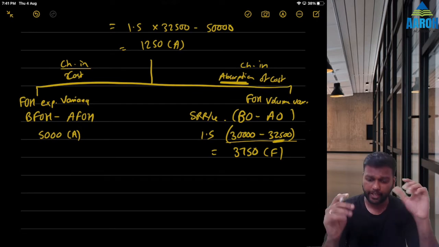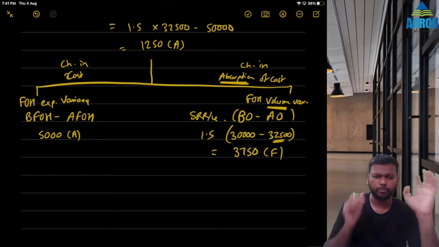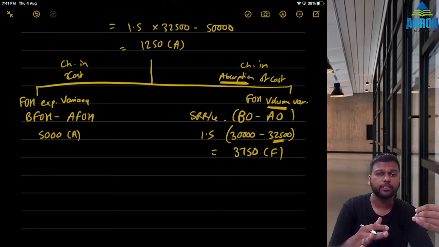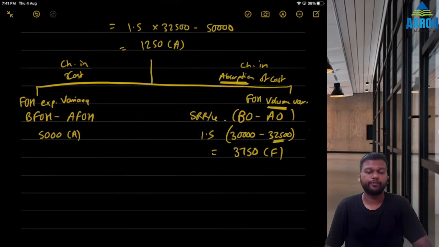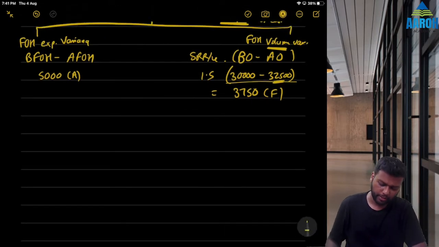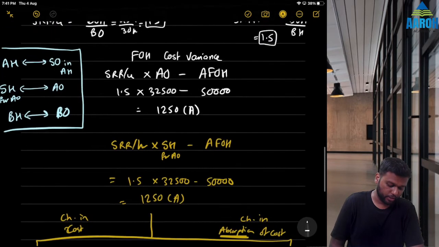So volume variance is opposite to all the cost variances, because volume variance is about output, cost variances are about expenses. More output is good, more expenses are bad, right? We can use another formula for this also. SRR per hour into budgeted output will become budgeted hours. Like I said, budgeted will remain budgeted in this box.